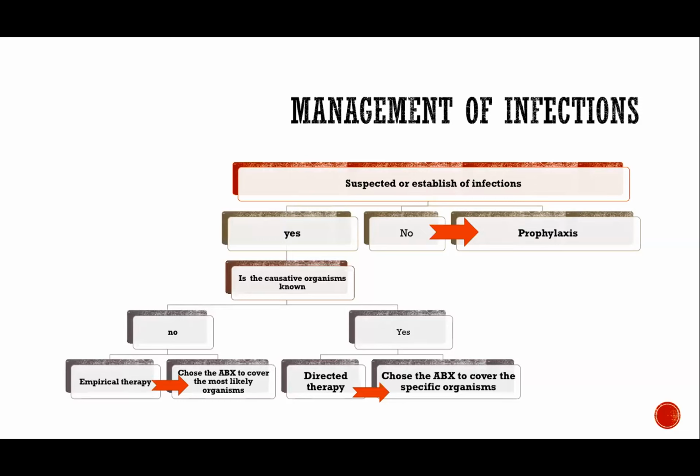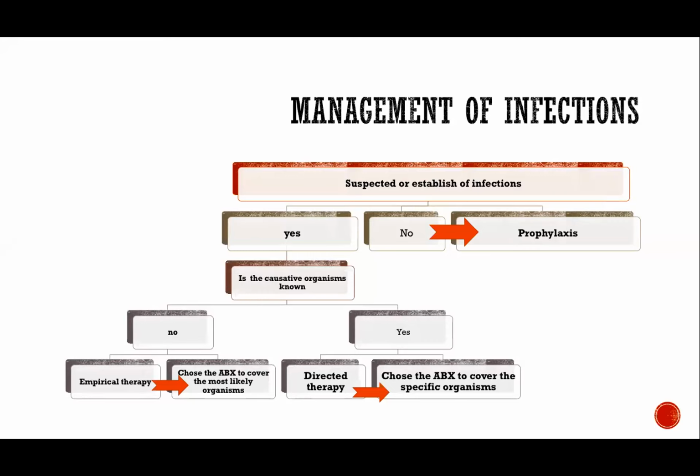Once we know what the organism is, we go to directed therapy. We know the organism and its sensitivities, so we can choose the antibiotic based on the sensitivity result, and the drug choice becomes much more accurate.